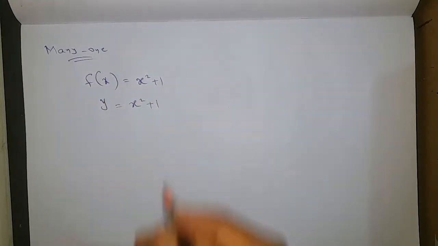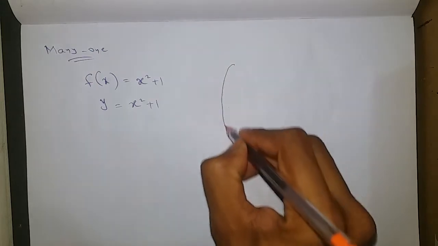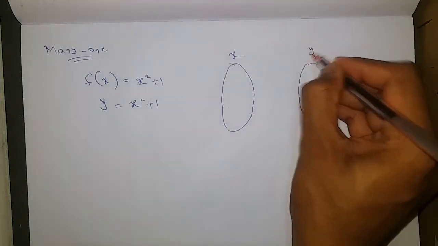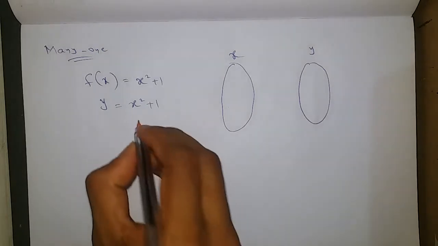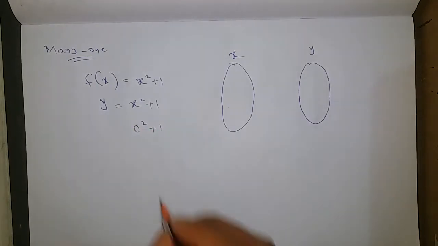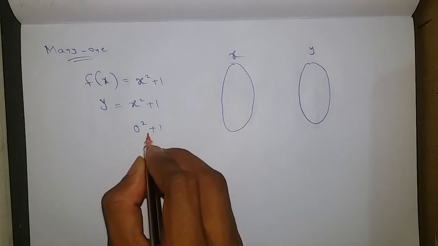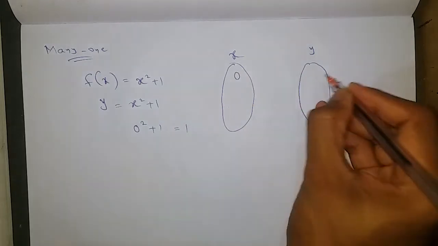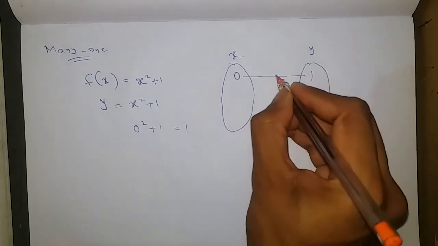So y is equals to x square plus 1. One is for input and one is for output. In the place of x, first I am substituting 0. 0 square plus 1. 0 square 0. So 0 plus 1 is 1. If I substitute 0, I got the image as 1.